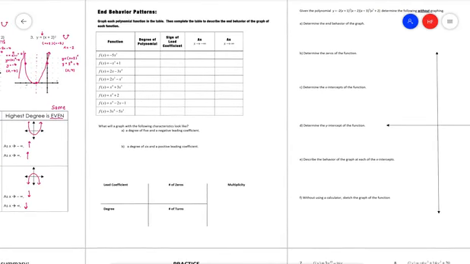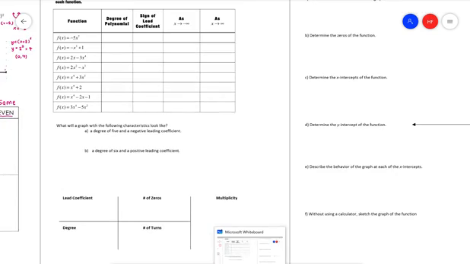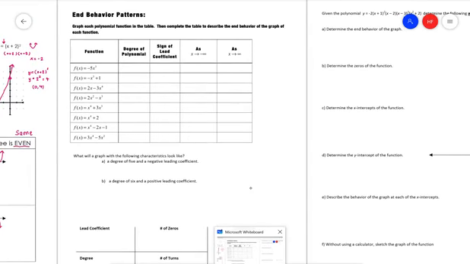So we're going to fill out this table with our functions. And this is very similar to what we did when we were finding the end behaviors. So for this function, negative 5x cubed, the degree of the polynomial is 3, which is odd.